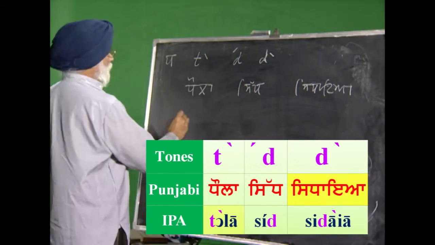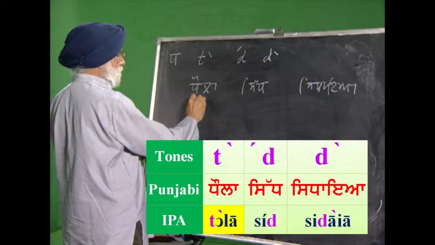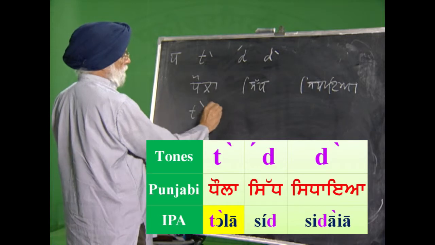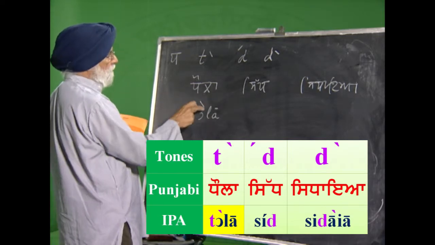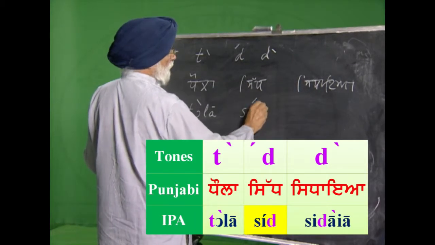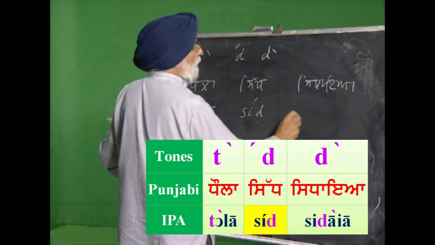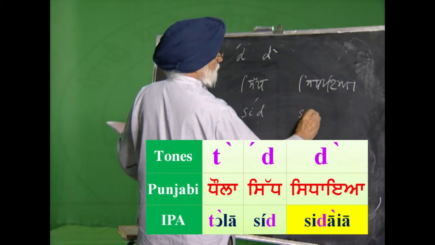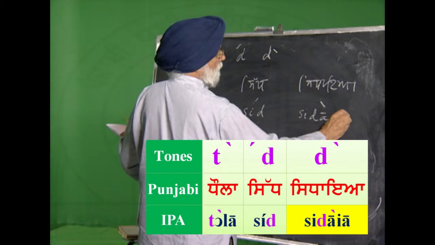You see, you have tola, ta followed by low tone, sid, high tone followed by da, and sidaya, da followed by low tone.